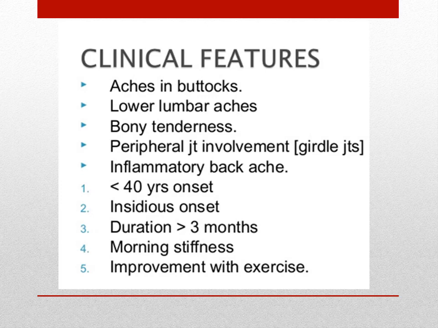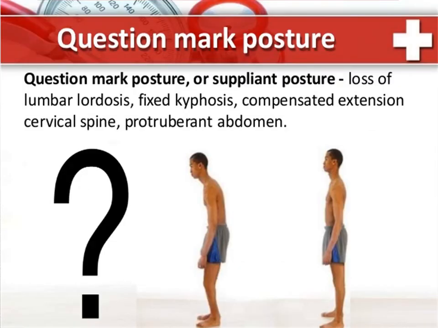Morning stiffness will be there, and then improvement with exercise will be seen. As for posture, a question mark posture will be seen. The person with ankylosing spondylitis will lose the lumbar lordosis and will be fixed in kyphosis. Kyphosis means the person's spine will be bent forward, which looks like a question mark.